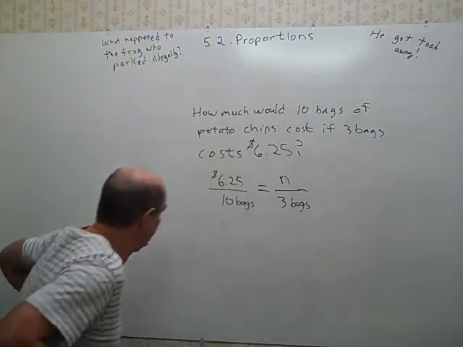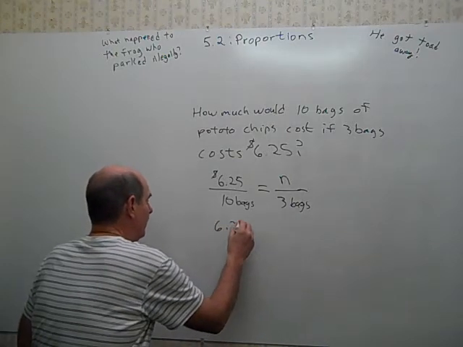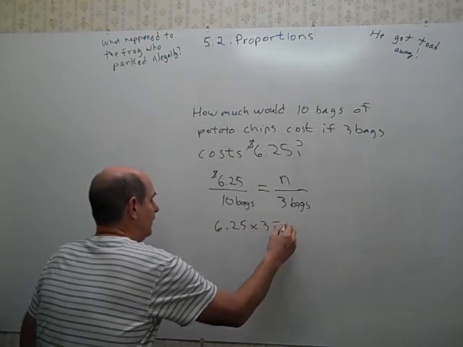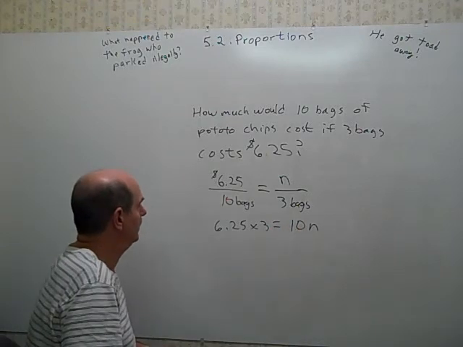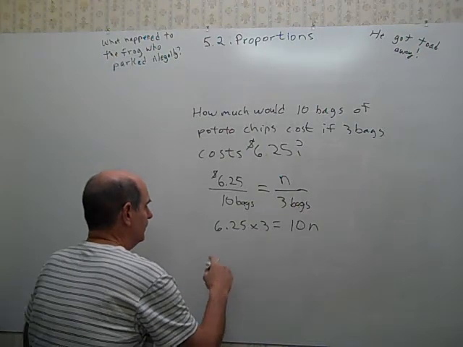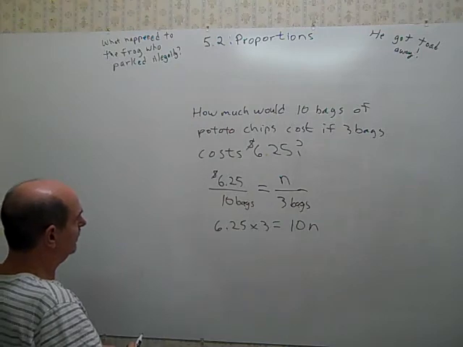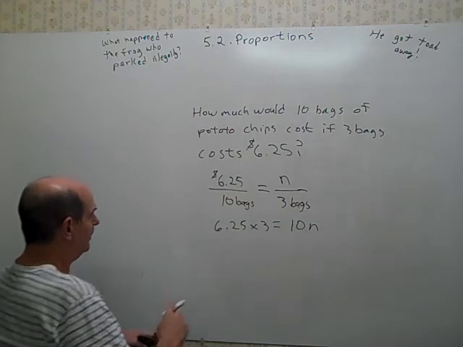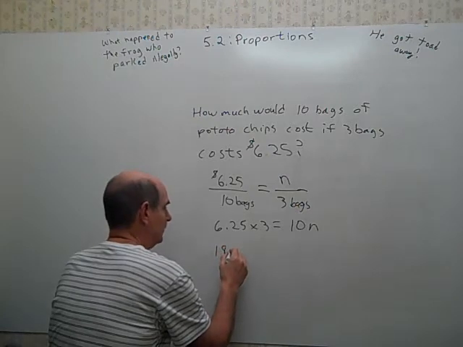So now I'm going to use some cross products and say 625 times 3 equals 10n. Then I'll do 625 times 3 would be 1825.